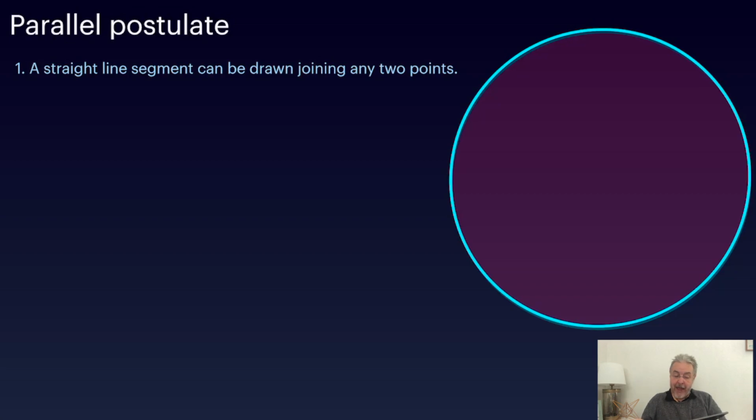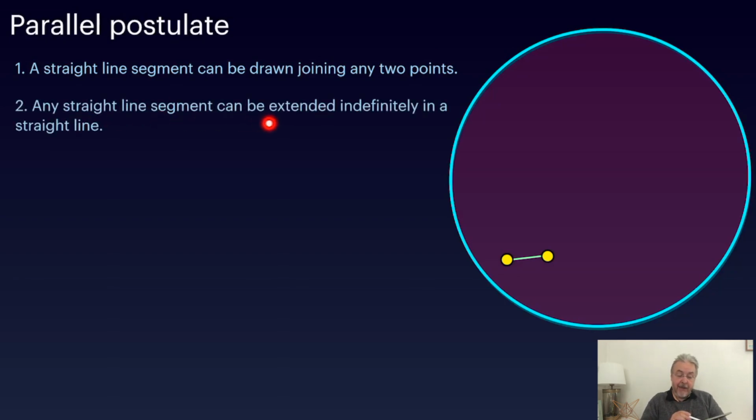Let's look at the four axioms. So a straight line segment can be drawn joining any 2 points. And now let's again focus on the interior of a real non-degenerate fundamental object. I give you 2 points. And well, the segment between these 2 points is the segment we are asking for. Any straight line segment can be extended indefinitely in a straight line.